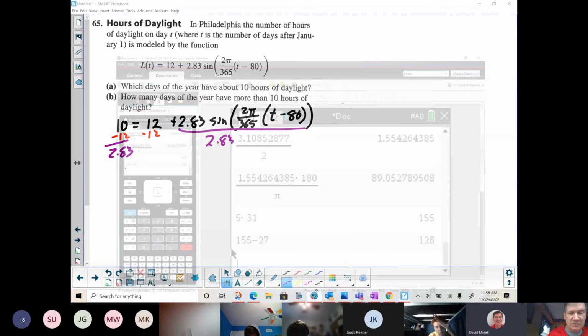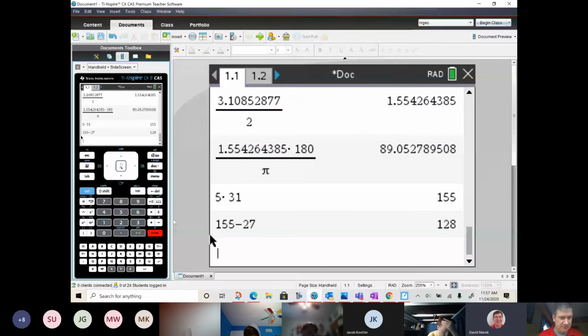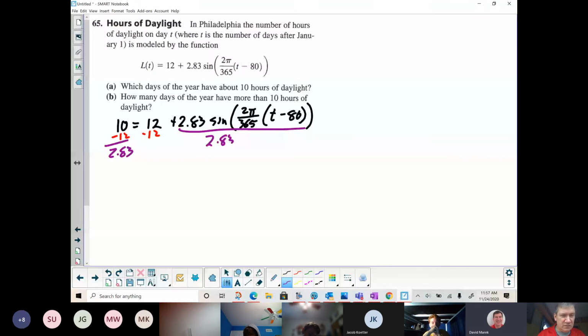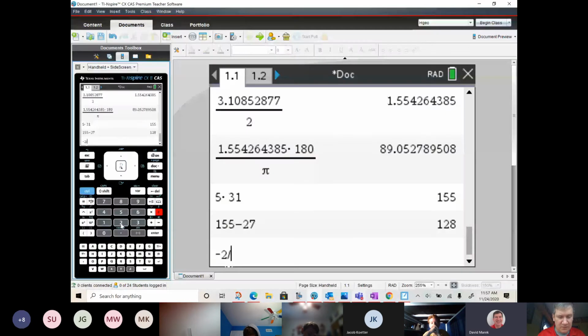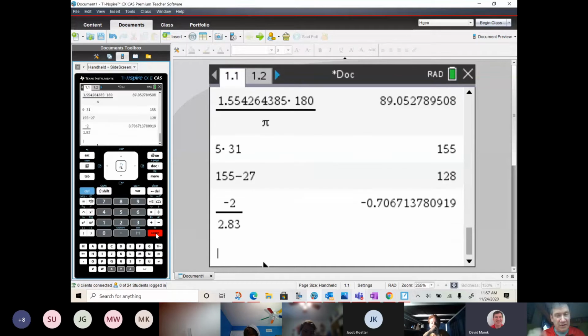So we go to the calculator here. -2 divided by that coefficient, 2.83. My denominator's larger than the numerator, so we get something less than 1, but again, it's negative. 0.7067.